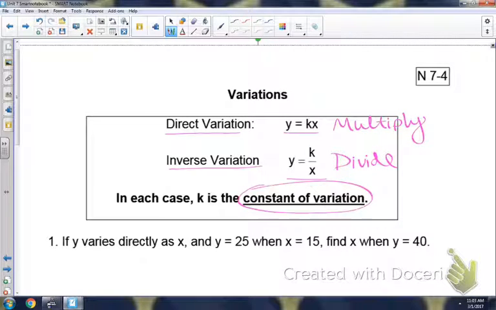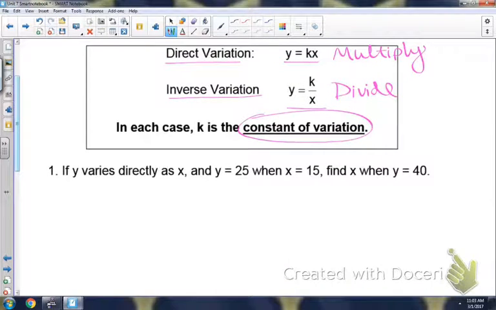Okay? Alright, so this first example, it says if y varies, anytime it says varies, that means the equal goes there. So it varies directly as x, and y equals 25 when x is 15. Find x when y equals 40.